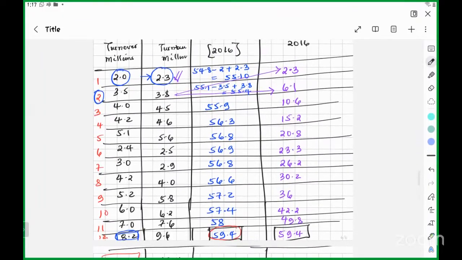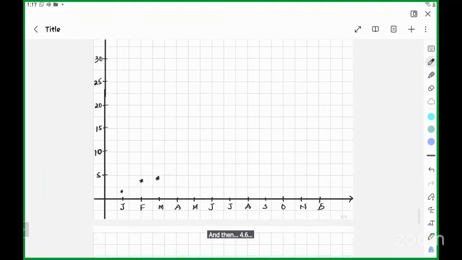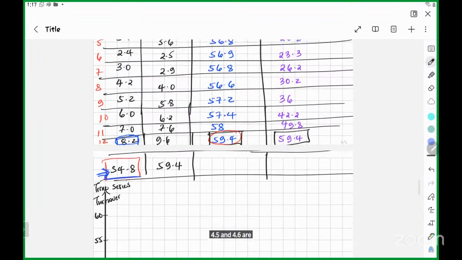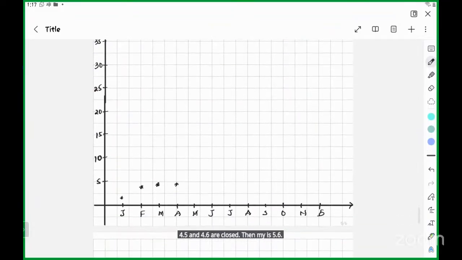And then 4.6 in April. 4.5 and 4.6 are close. Then May is 5.6, which I'll put somewhere here.